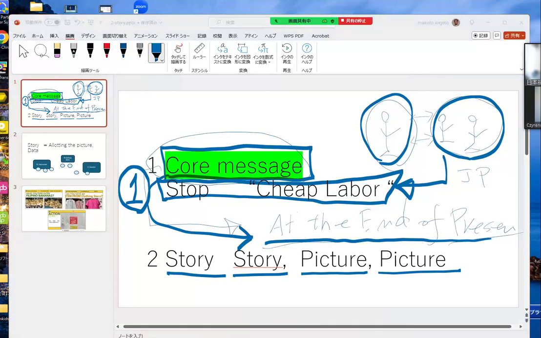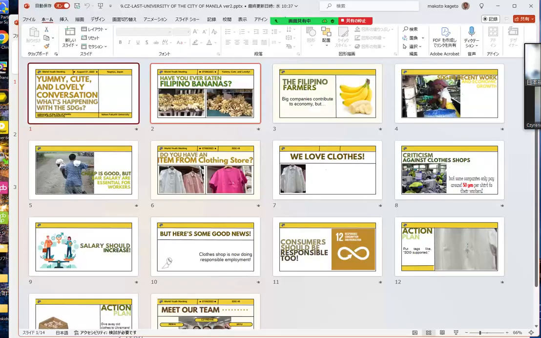We want to make it easy to understand. That's why the second one here is important: story and picture. You use the banana first, okay? And next you use a clothing store, okay? Finally, you show the concrete example.